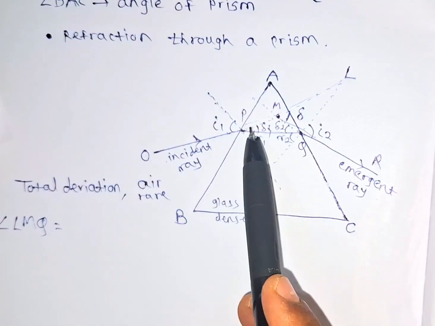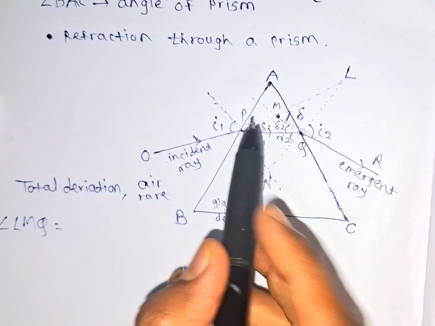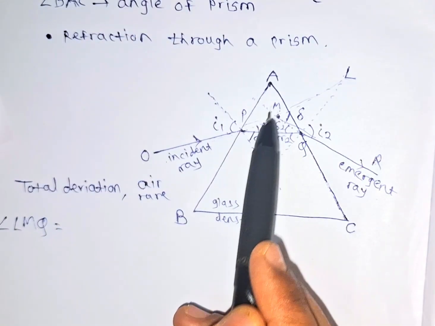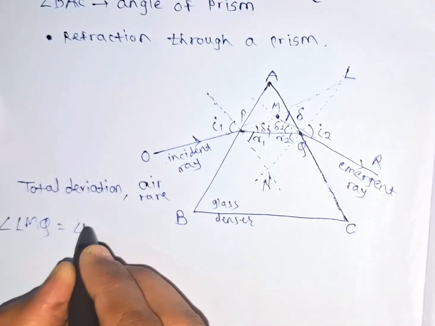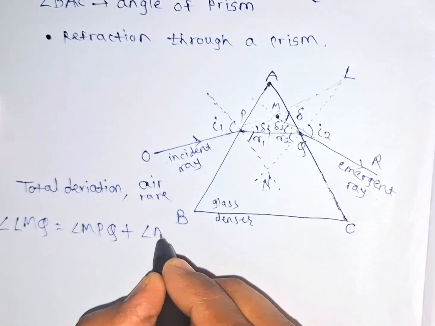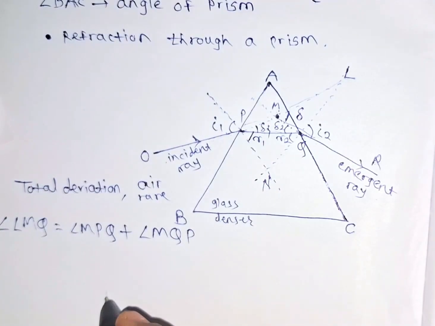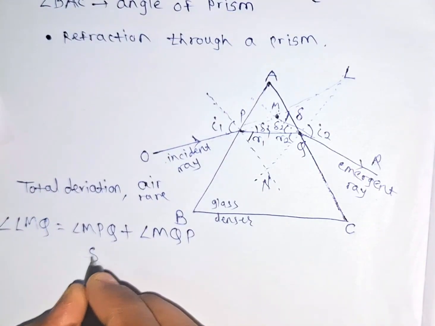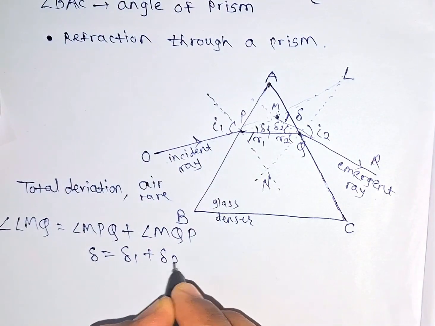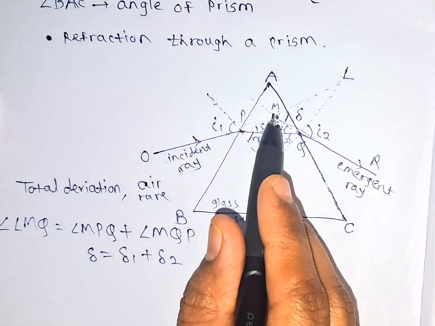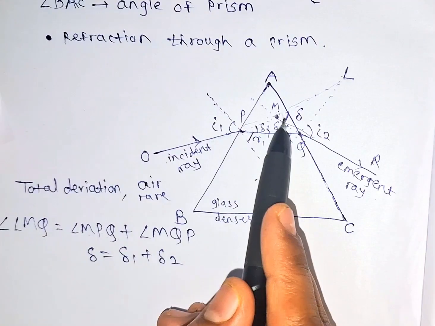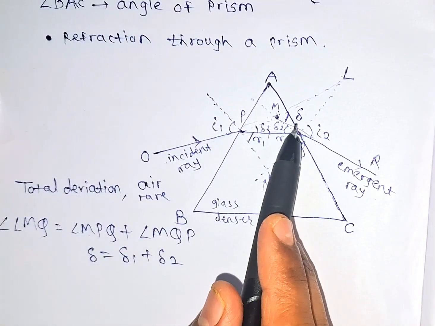If we add these two angles, we get this angle. So angle LMQ is the sum of angle MPQ and angle MQP. So the total angle of deviation delta will be delta 1 plus delta 2, as MPQ is delta 1 and MQP is delta 2. So delta equals delta 1 plus delta 2.